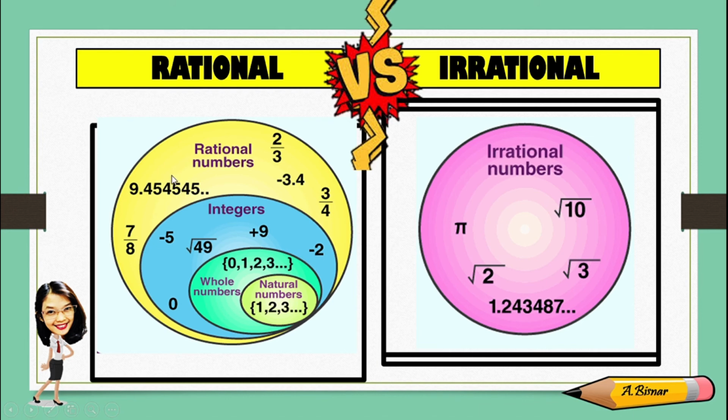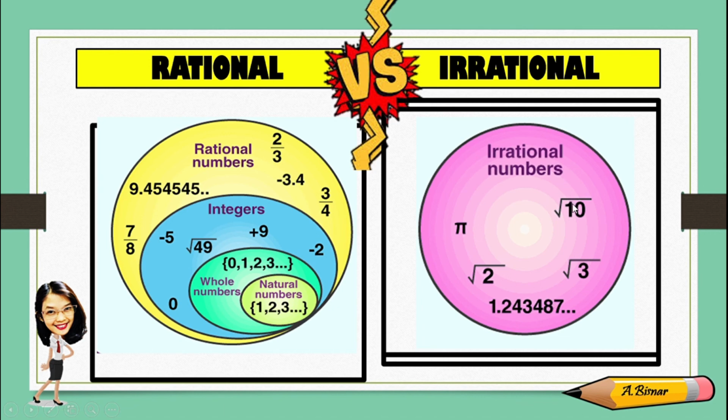However, you need to know that these decimals should be, or can be, represented as fractions in order to be rational. Just like with the example in irrational numbers, as you observe, these are decimals too. However, this decimal cannot be represented as a fraction, and therefore this is irrational.